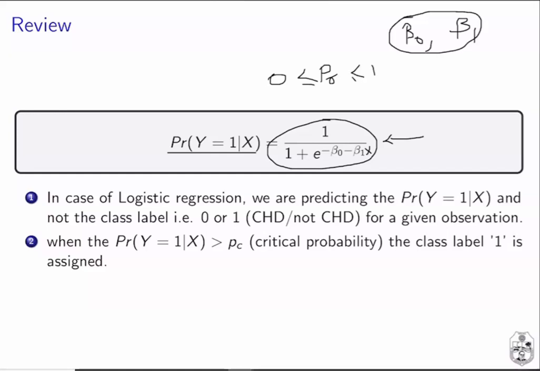We can compare this probability with our critical probability, for example 0.5. All the observations whose predicted probability is less than 0.5 can be predicted as 0, and all those whose predicted probability is greater than 0.5 can be predicted as 1. So this is the strategy that we use when we are building the logistic regression model.